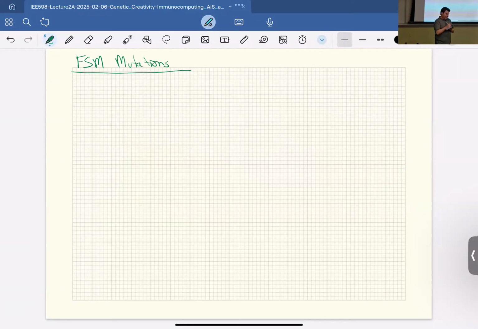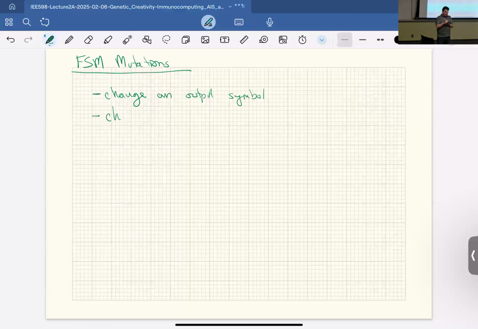So given an individual in a population, we can, for example, change an output signal symbol. We can change a state transition. We can pick a random state transition already in the machine and blow it away, or we can add a new one.